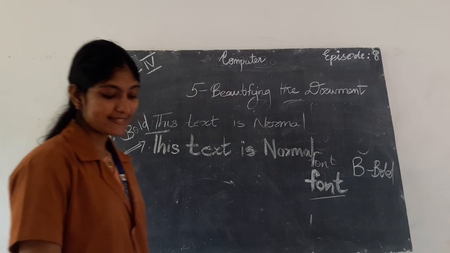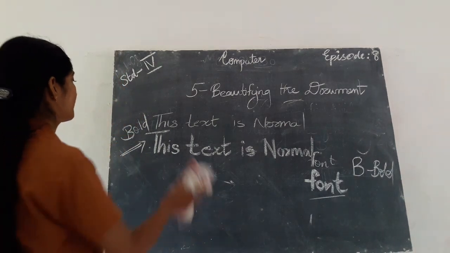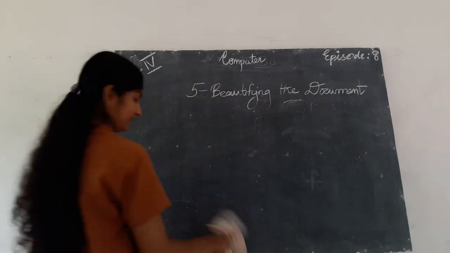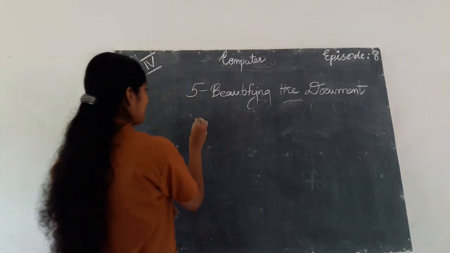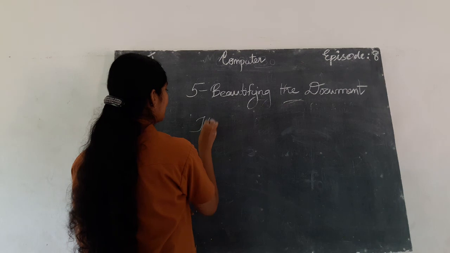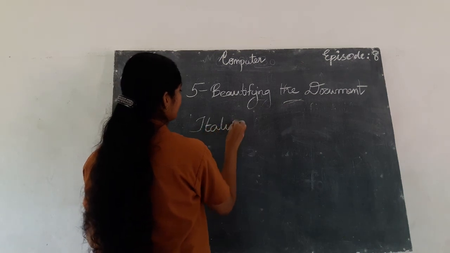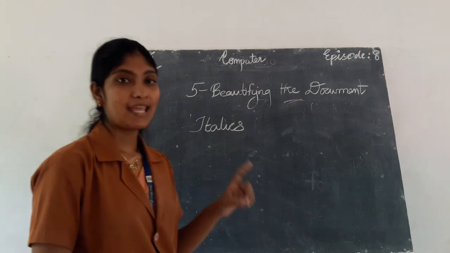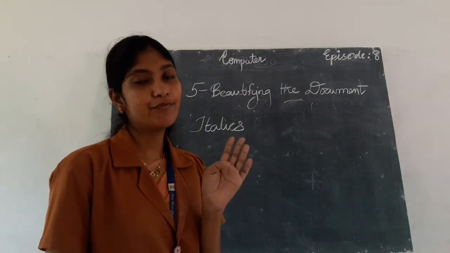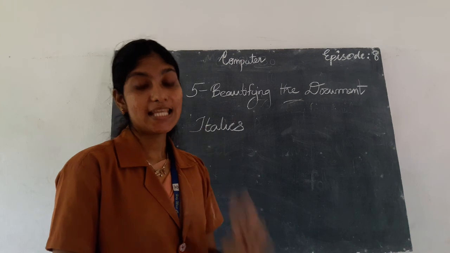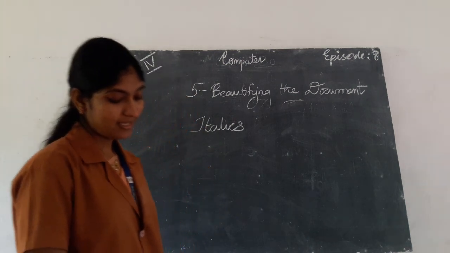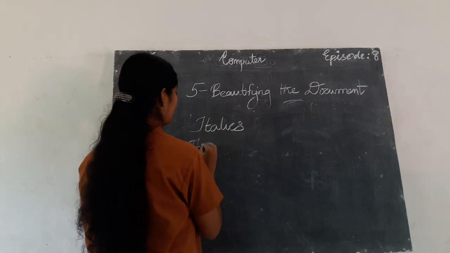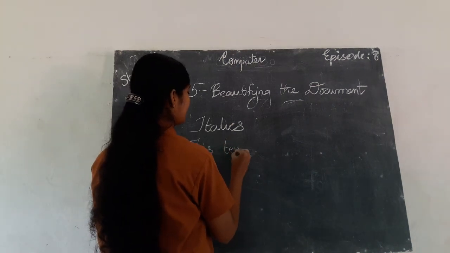Then next is italics, I-T-A-L-I-C-S. Italic means we can write a letter in italic form. For example, the same example: this text is normal.